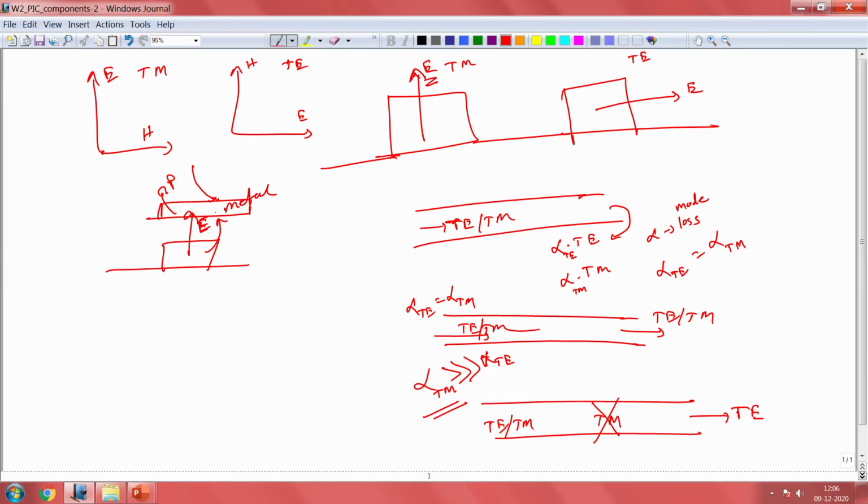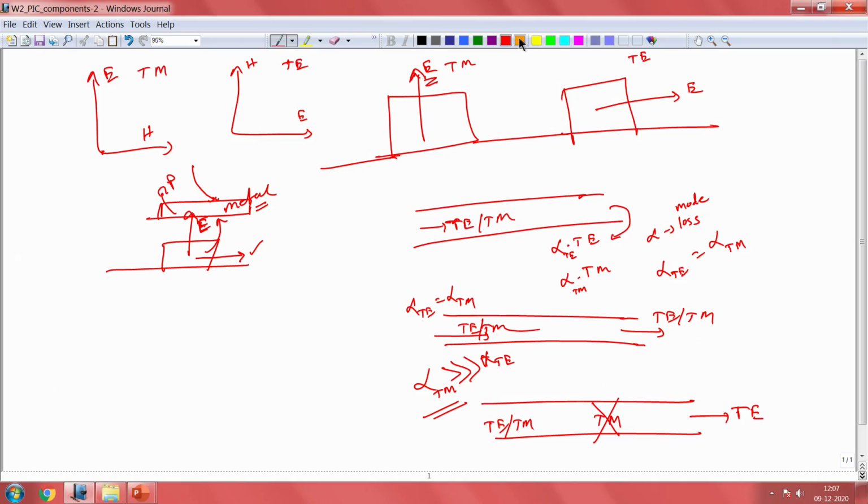vertical. But for light polarization where the electric field is horizontal, that is the TE polarized light, it will not interact with this metal. When it does not interact with this metal, it will just propagate through the medium without any loss.